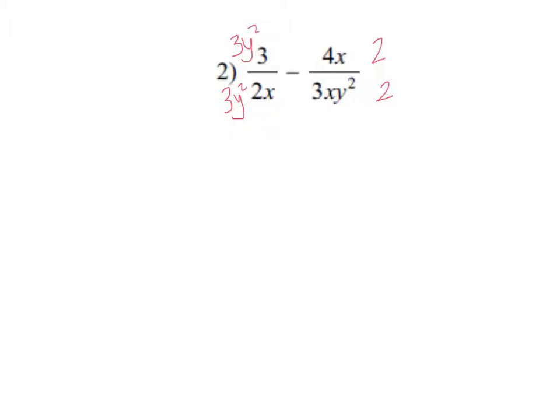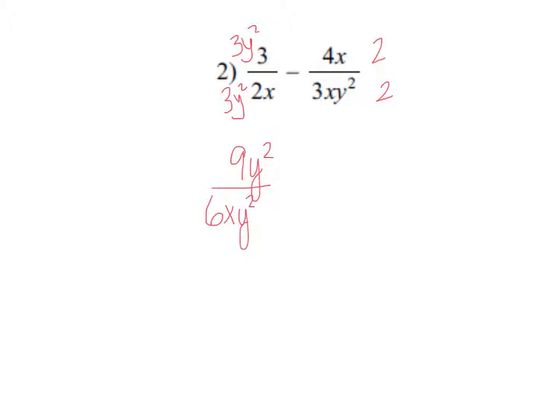All right, so once you've figured out all the stuff that you need, then you go ahead and multiply this out. So in my numerator here, that's going to get me a 9y squared. Minus, over here I'm going to have, whoops, let me put that over my common denominator. That's a 6, an x, and a y squared.